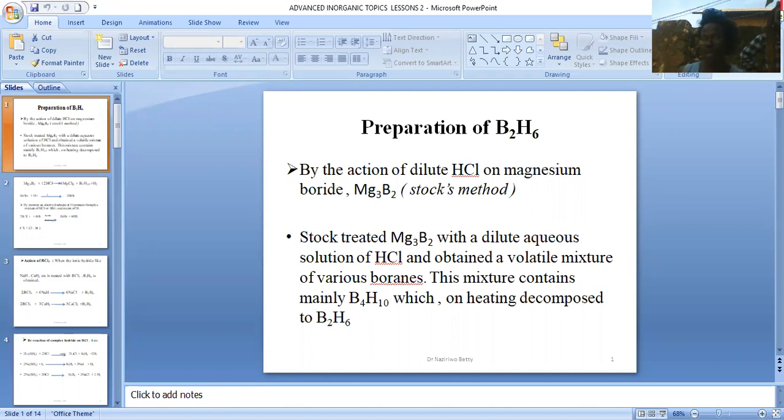Lesson 2. In lesson 1, we looked at a few points and we said that boron does not combine directly with hydrogen to form a hydride. The instability of the hydride formed, in case boron combines directly with hydrogen, is due to the presence of the empty pz orbital.